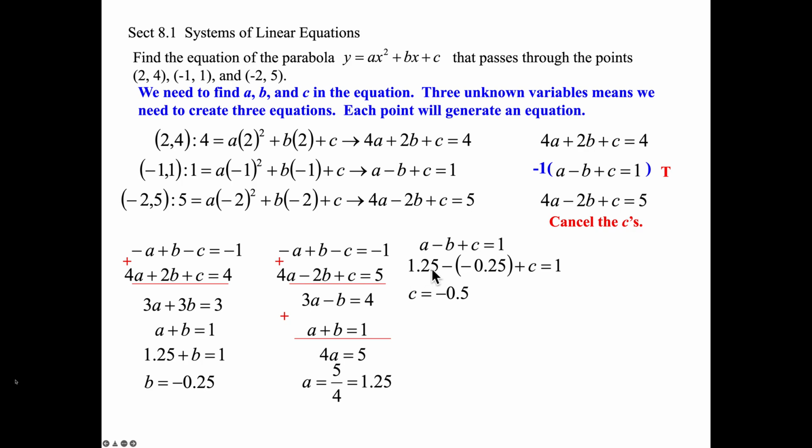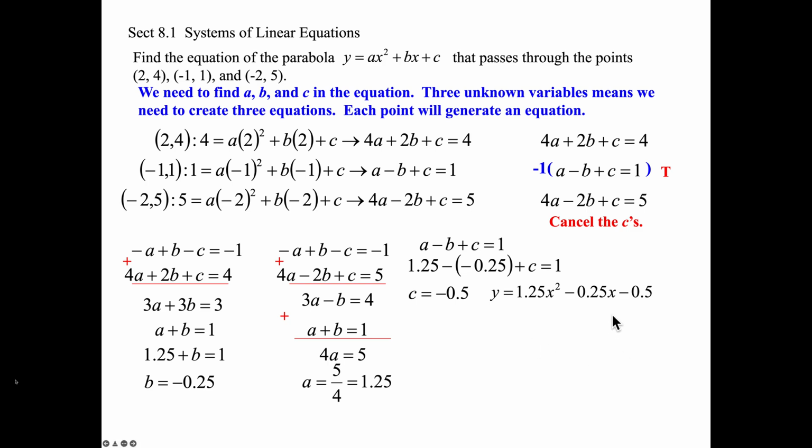So that's going to be 1.25 plus 0.25, that's 1.5. Subtract it from the 1, that's negative 0.5. So I have my a, I have my b, I have my c. So my parabola equation is y equals 1.25, or 5/4, x squared, minus 0.25x, or minus 1/4 x, minus 0.5, or minus 1/2. They're all the same.